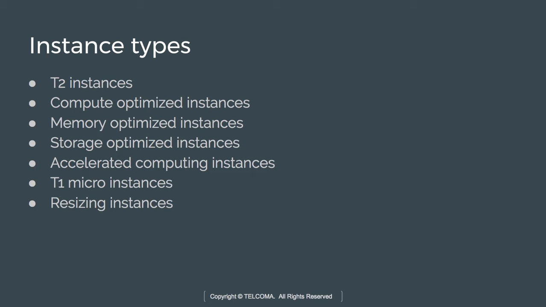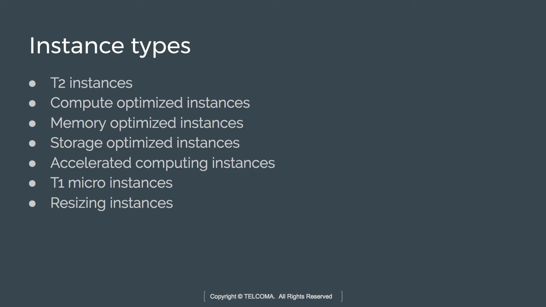Then we have memory optimized instances. These offer fast performance for large datasets, suited for high performance MySQL and NoSQL databases, real time processing of big unstructured data, and electronic design automation processing. Then we have storage optimized instances.